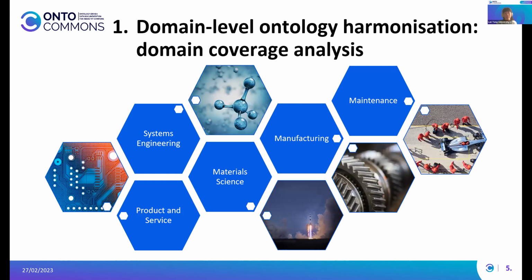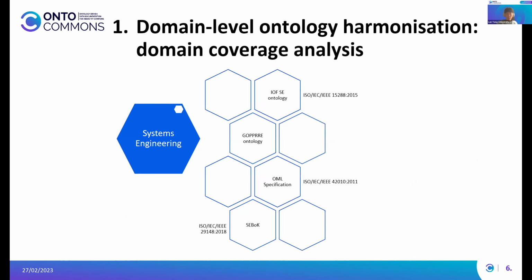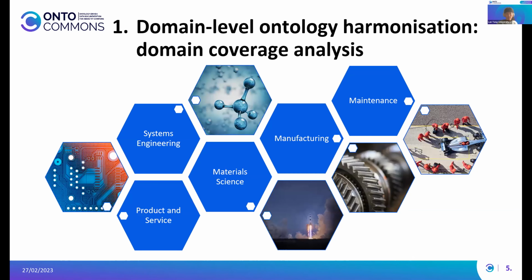To begin with, I'd like to start with the domain level harmonization activity. We have done several analyses on domain coverage. These are the 5 focus areas in terms of domain level ontology harmonization: systems engineering, product and service, materials science, manufacturing, and maintenance.